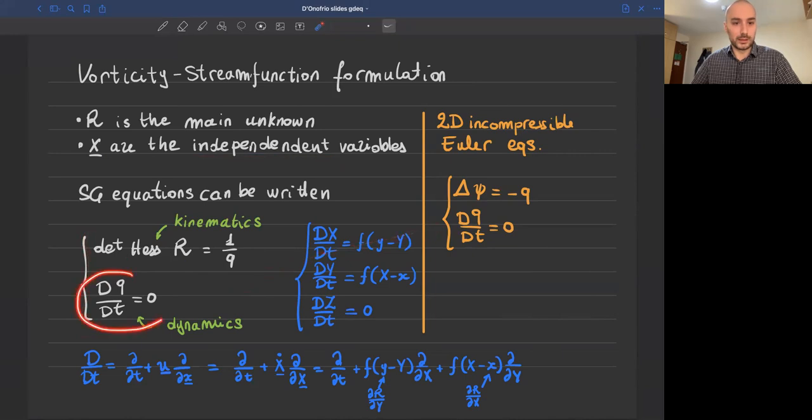We still have a transport of vorticity. This is a scalar called the potential vorticity. I'm not going to describe it in too much detail now, but it's a sort of vorticity. It's sometimes called the Ertel potential vorticity.